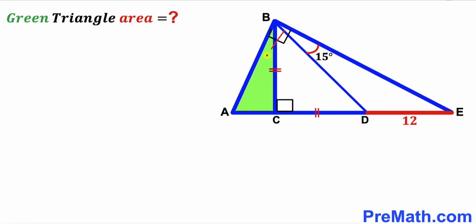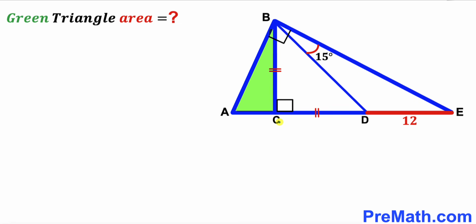Welcome to PreMath. In this video, we have this right triangle ABE that consists of this green shaded triangle, the right triangle BCD, and finally the triangle BDE, as you can see in this given diagram, such that this segment DE length is 12 units, and this angle DBE is 15 degrees.